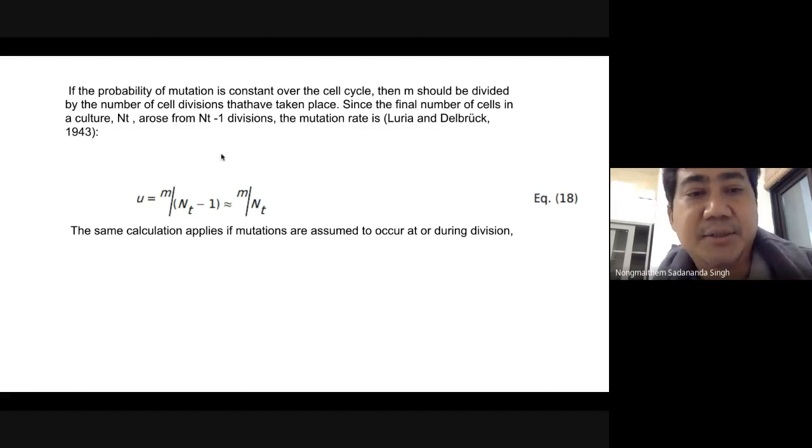So from there, the mutation frequency is equal to the mutation number divided by the number of cells just before the actual division. When N total is very big, you can assume that N total minus 1 is more or less the same. So in that case, the mutation number divided by the total number of cells at the end of the culture would give you the mutation frequency. This is a very, very simplified calculation.